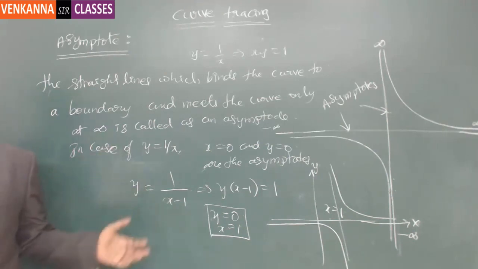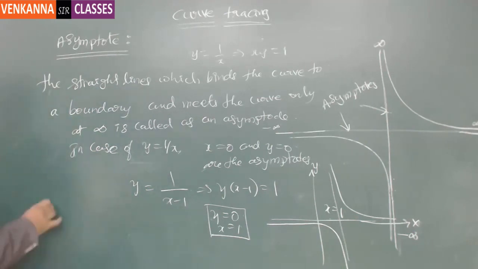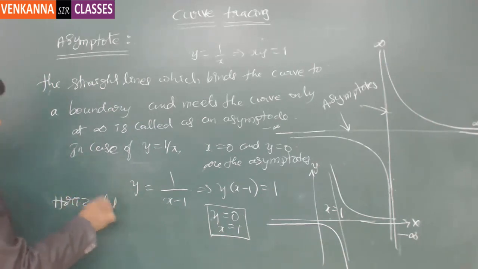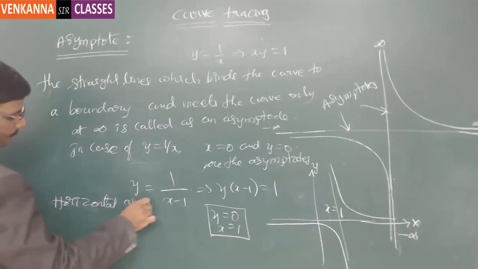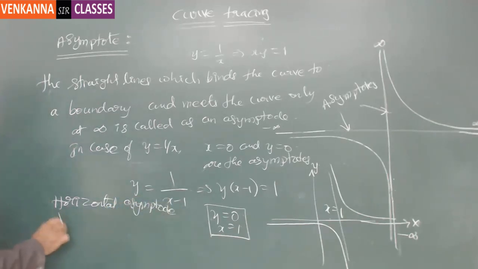You can note this down. There are three different kinds of asymptotes. One is asymptotes parallel to the x-axis, or horizontal asymptotes. The second one is the vertical asymptote.